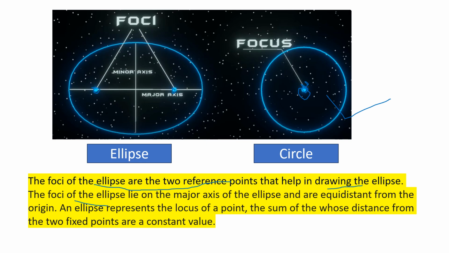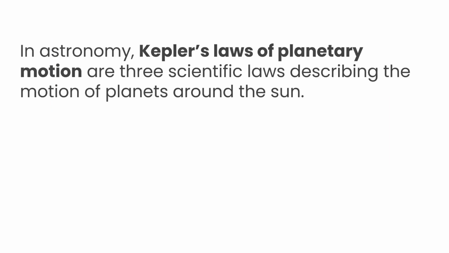The foci of the ellipse lie on the major axis of the ellipse and are equidistant from the origin. An ellipse represents the locus of a point whose sum of distances from two fixed points is a constant value. I hope this is well understood.